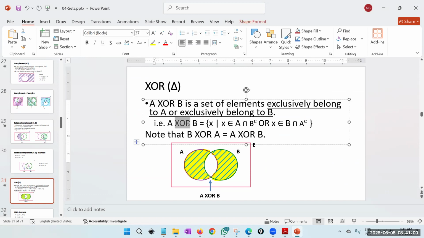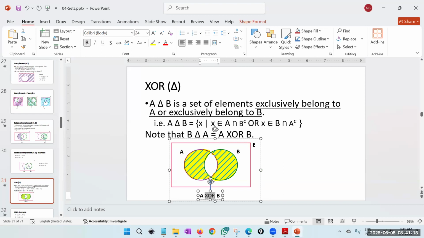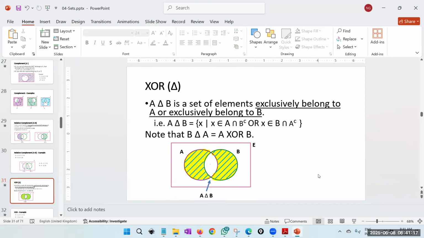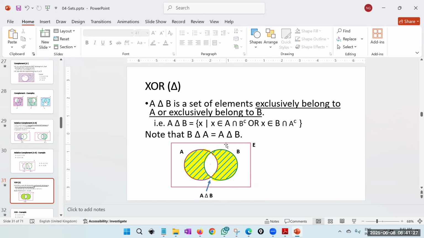You see delta, because that is the symbol they use. This is somewhat new symbol they try to familiarize in mathematics, not UCSC, right? In mathematics. Right, now it's done. Otherwise, I always forget this.